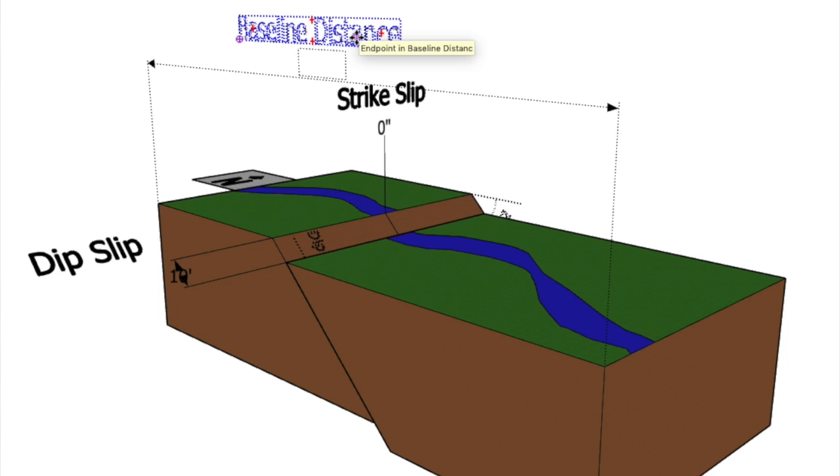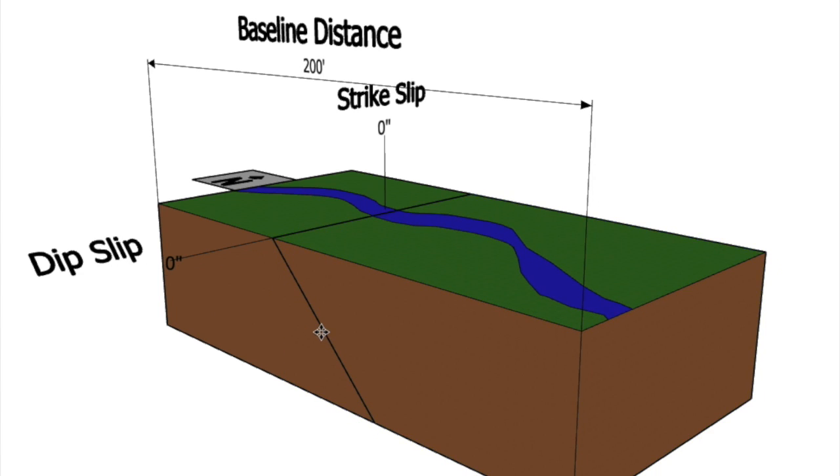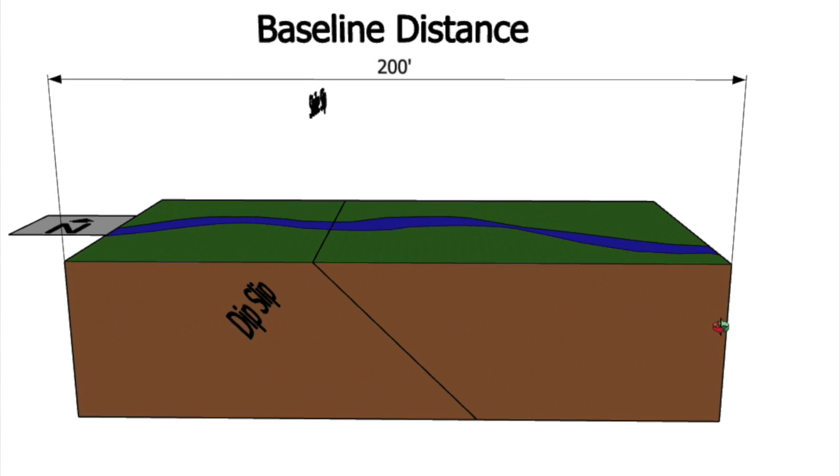The other thing I'm going to show, I'm going to bring in this measurement that shows baseline distance. And you can think of this as if I had two telephone poles, one at either end of this diagram, how long would the telephone wire connecting those two poles be? So if I undo that fault motion to get everything back to normal, we can see our baseline distance starts at 200 feet.